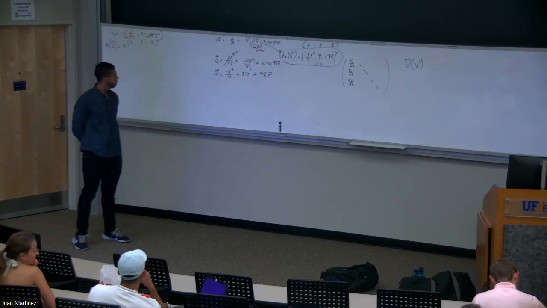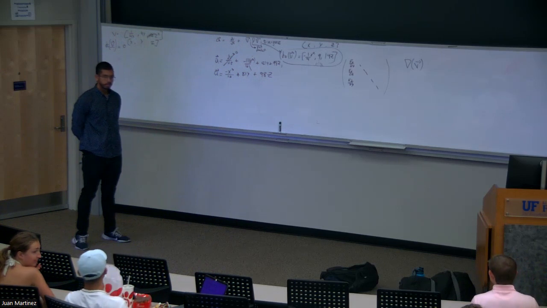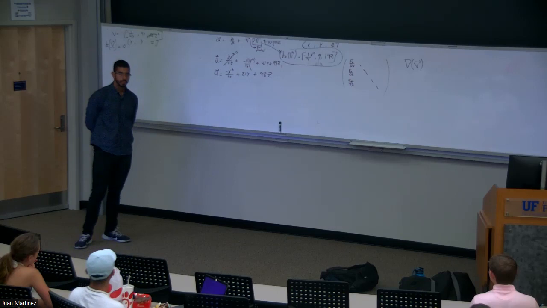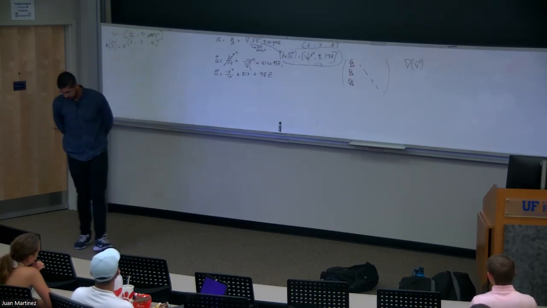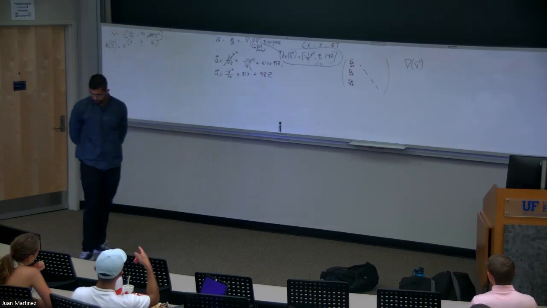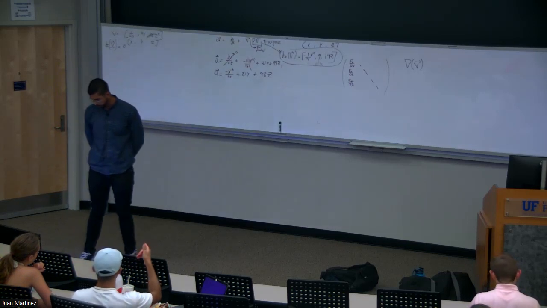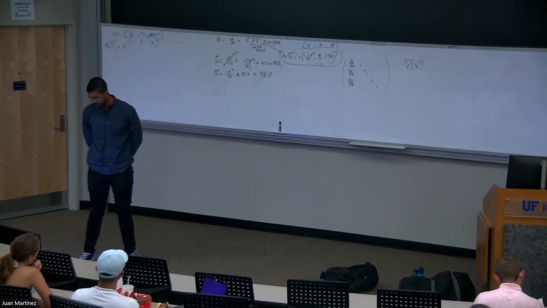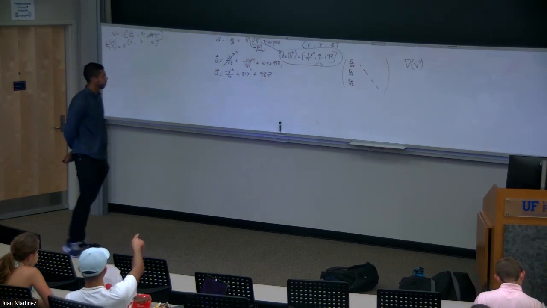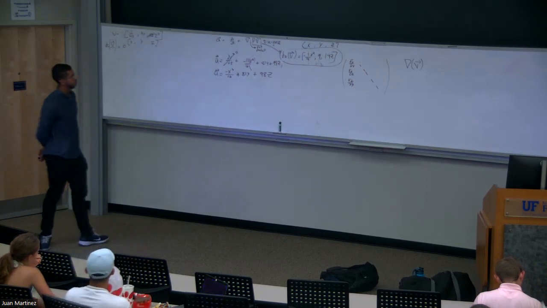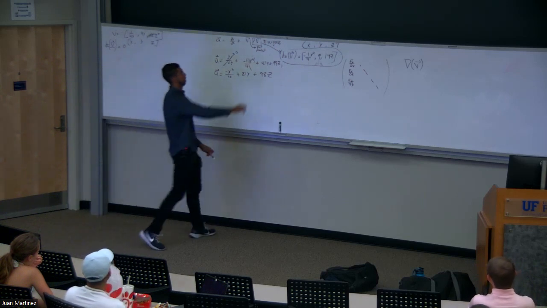I thought the divergence would be a scalar, because divergence gives you a scalar. Yeah, but right there you have your vector equation. So in that case, I was wrong.